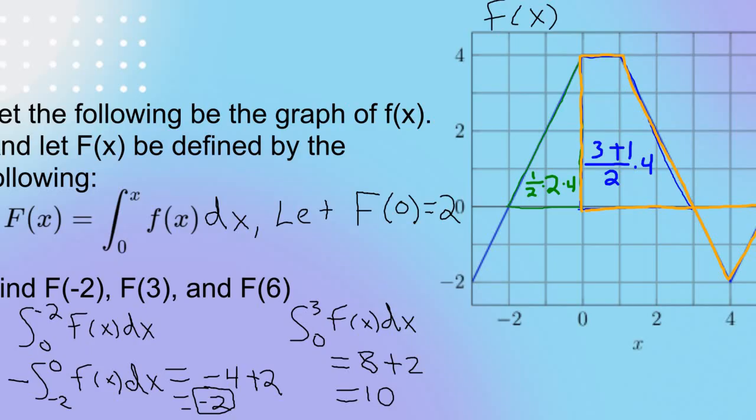Does that make sense? So we don't have to find the stuff that we already know. The only thing you do have to be careful about is, okay, this 10 includes my initial condition. Yes? So we don't want to add another initial condition if I've already added it for this one. Are we with me there? If you used the 8 for this and then found this area and then this area, then yes, you would add your initial condition. But if you're using the 10, don't add the initial condition twice. Does that make sense? Okay.